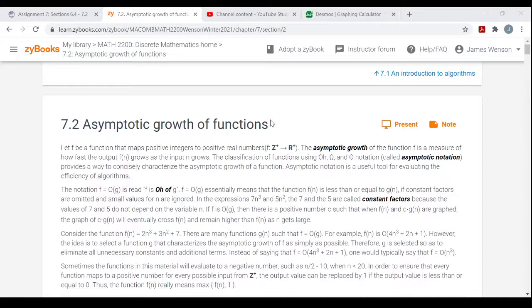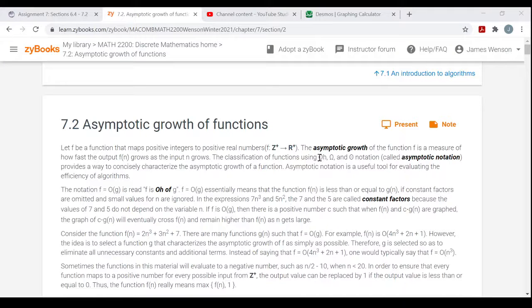So we talked about algorithms in section 7.1. This concept of asymptotic growth is tied heavily into determining how efficient one algorithm is over another. We're not going to really get into that, but this asymptotic notation is introduced here.